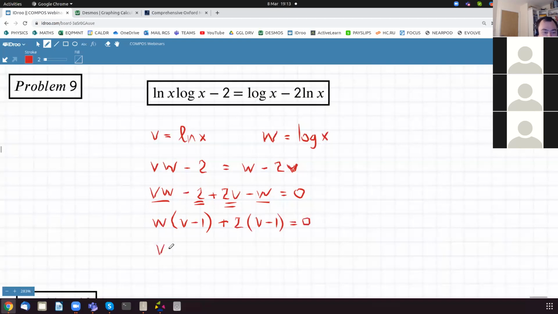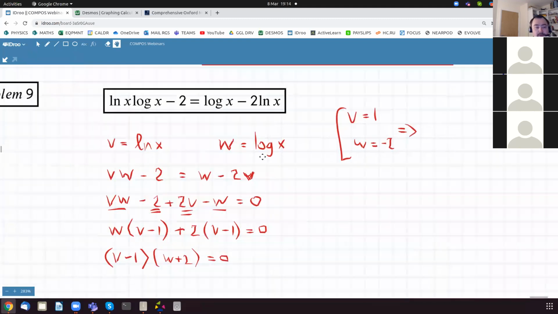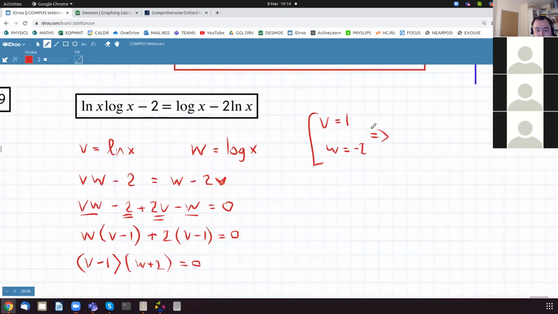So I get v minus 1 multiplied by w plus 2 equals 0. So it's either v equals 1 or w equals minus 2, which is equivalent to ln x equals 1 or log x equals minus 2.